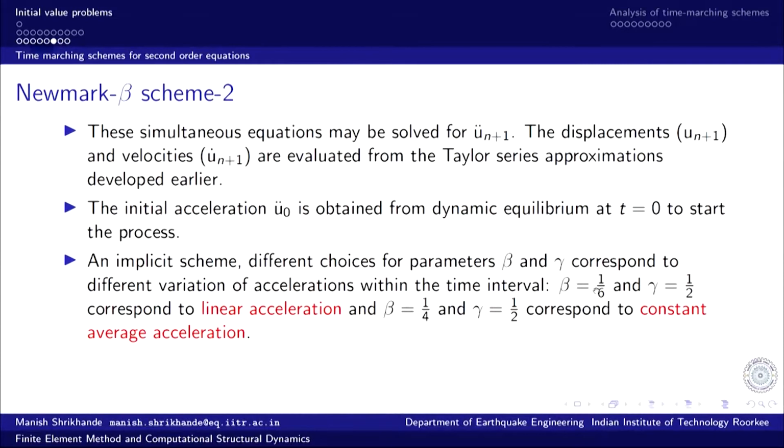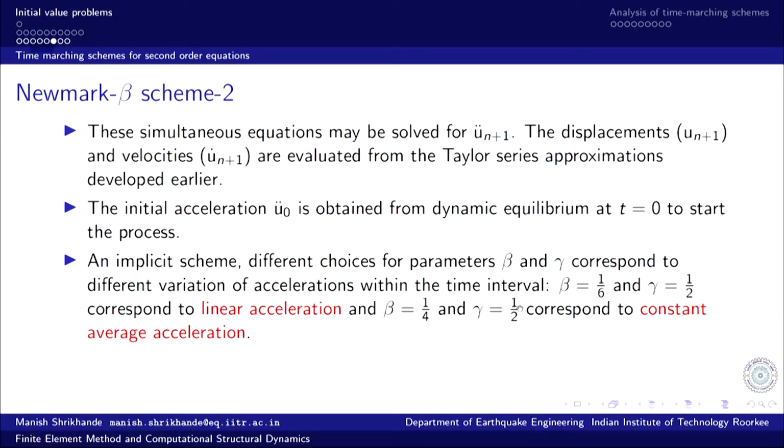For example, the choice of beta equal to 1 over 6 and gamma equal to 1 by 2 corresponds to the assumption of acceleration varying linearly, and the choice of beta equal to 1 by 4 and gamma equal to 1 by 2 corresponds to constant average acceleration. So, the acceleration is maintained at the average of the two values in the interval between two time instants.